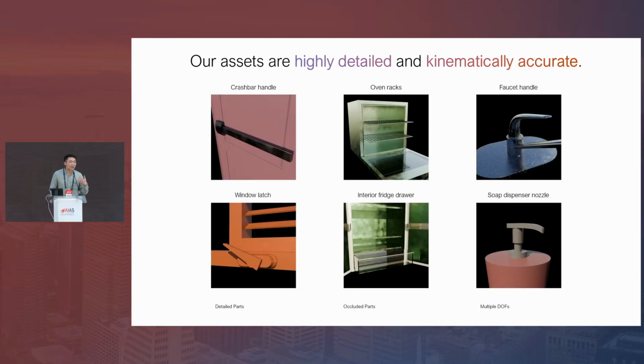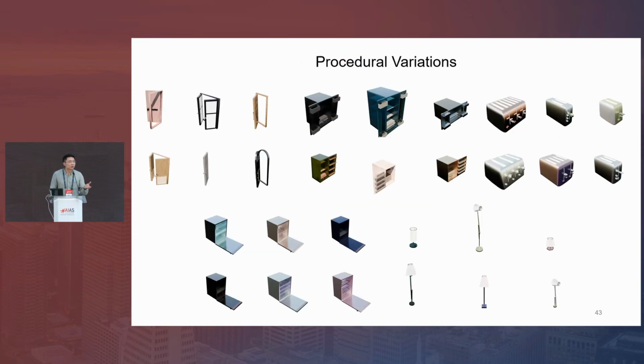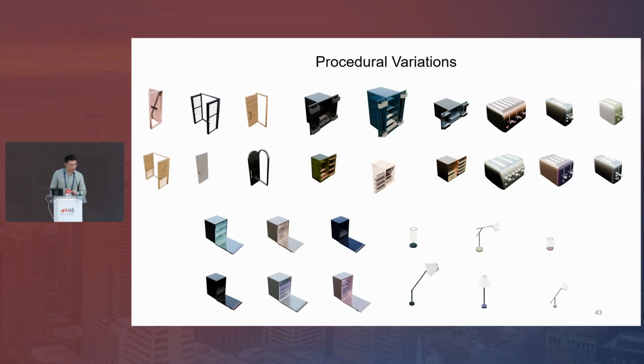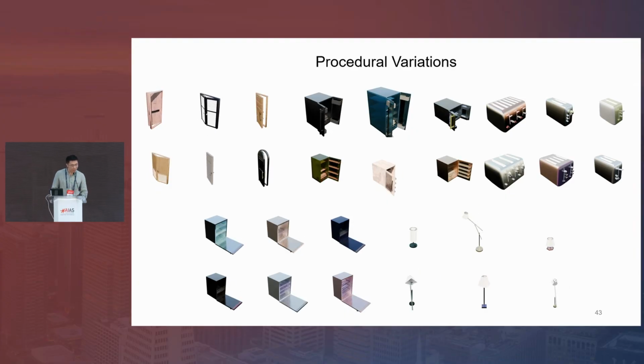And these assets are highly detailed, and they are guaranteed to be kinematically accurate because they are procedurally generated. And a big advantage of procedural generation is that you can have automatic, diverse variations. And each varied instance is guaranteed to be physically accurate. So you don't have to manually design the articulation and the segmentation of parts, as was previously done.